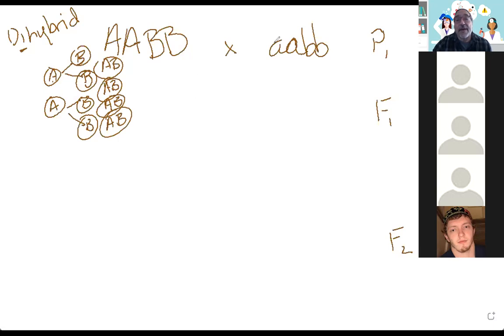Another way to think about it, we can perform meiosis by going like this. You get a small a, small b, small a, small b, small a, small b, small a, small b. So we have 100% A, B gametes.